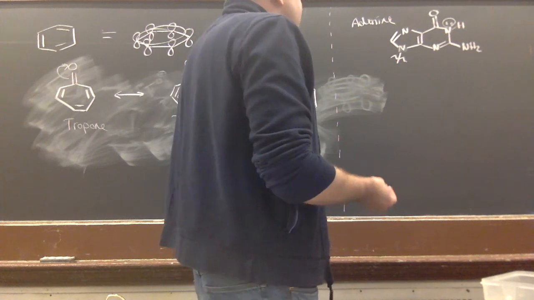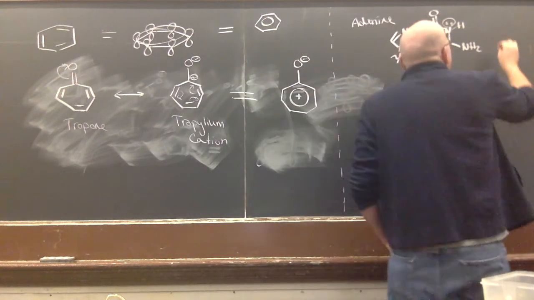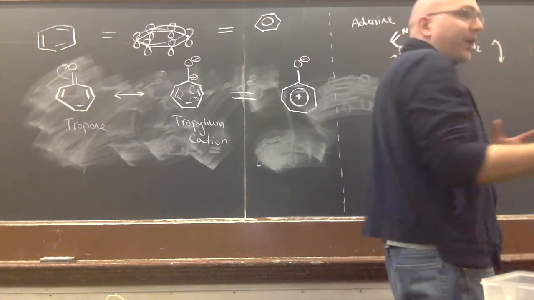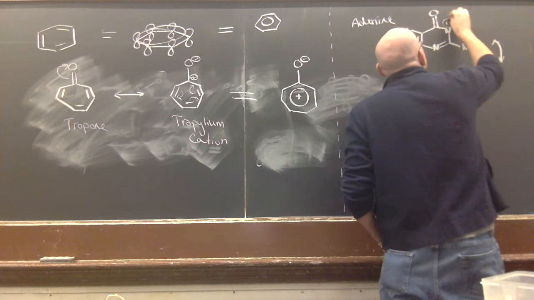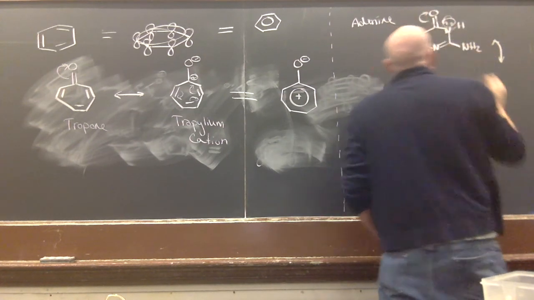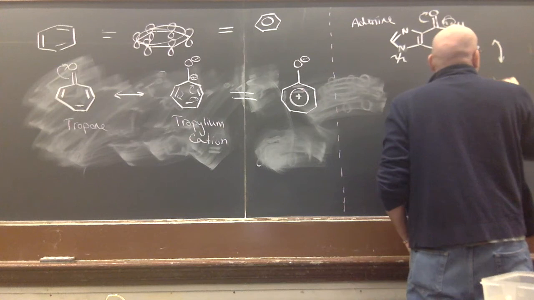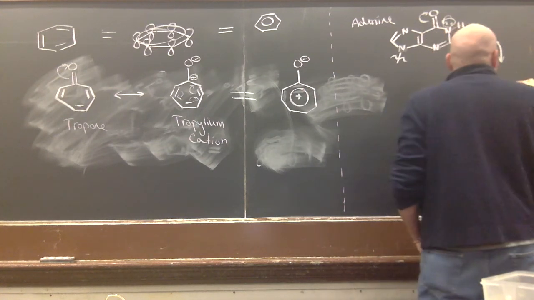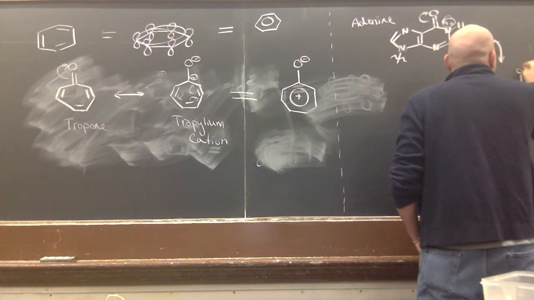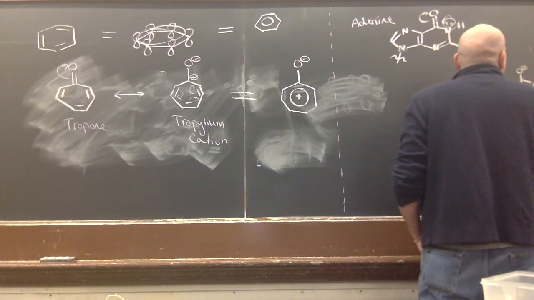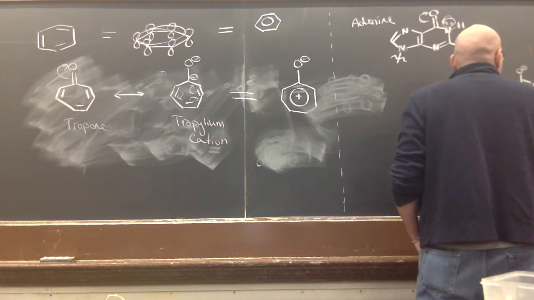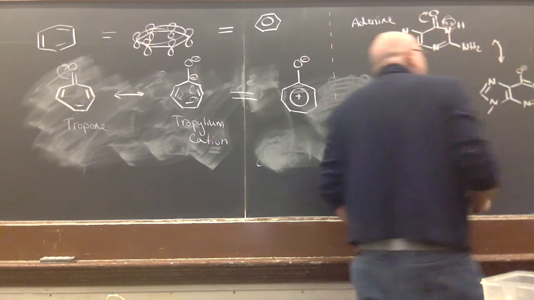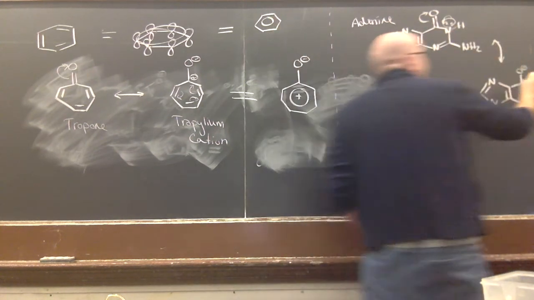So one way to consider this molecule slightly differently is to draw it as a lone pair, but in this case you can actually show the resonance as well, which I think sometimes helps. There's a charge here, and so this is the resonance form.